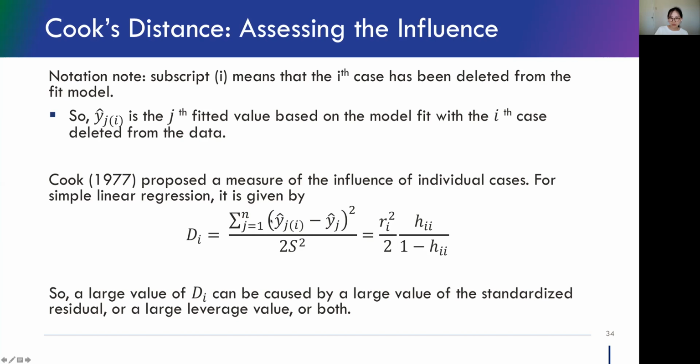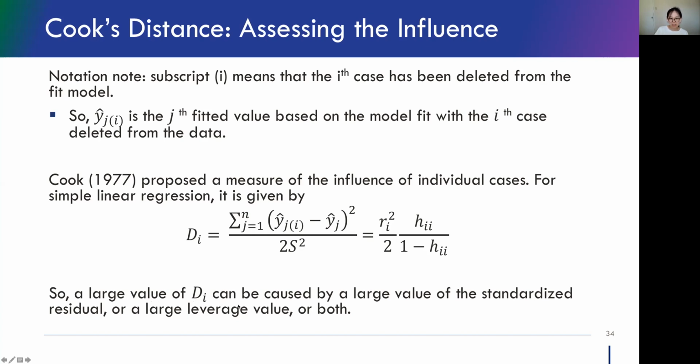It's a summation of their squared differences divided by 2 times the sample variance s squared. And it can be written as r_i squared divided by 2, times h_ii divided by 1 minus h_ii. So it has some relationship with the leverage and the standardized residual.